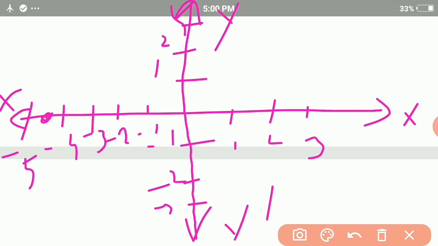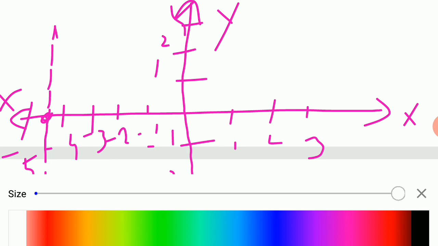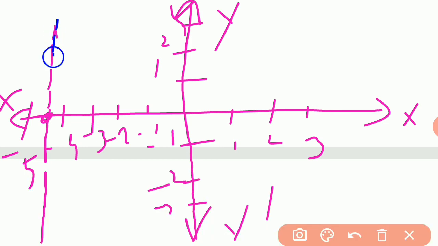So the graph of the given equation in two variables is like this. This is the graph of the given linear equation in two variables.